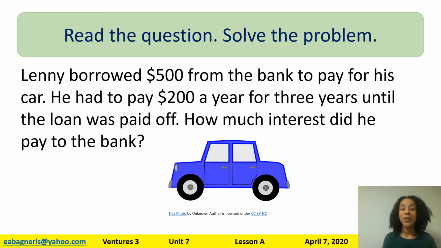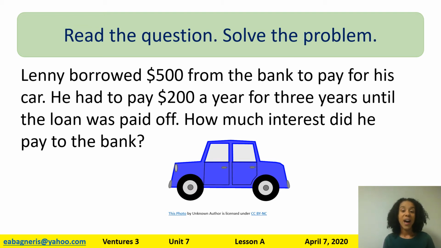Lenny borrowed $500 from the bank to pay for his car. He had to pay $200 a year for 3 years until the loan was paid off. How much interest did he pay to the bank? So let's see.